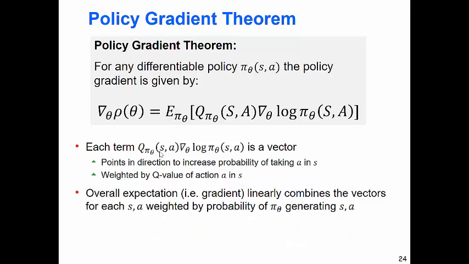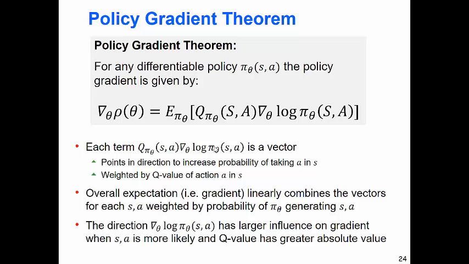So at the end of the day, the policy gradient here is a combination of these terms for every state action pair. And the gradient directions that have higher Q values are going to be weighted more. And so you're going to be pointing in that direction more for the overall gradient. Okay?